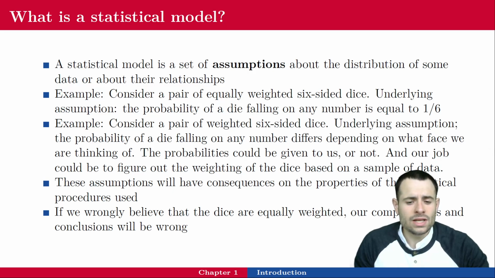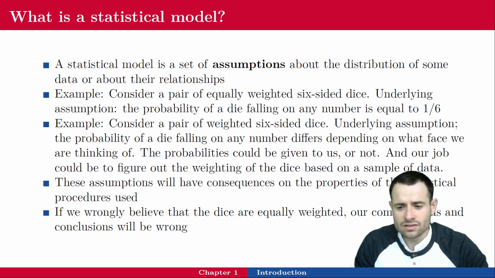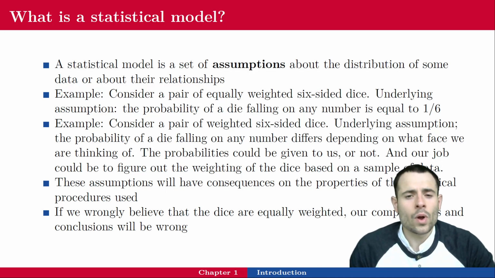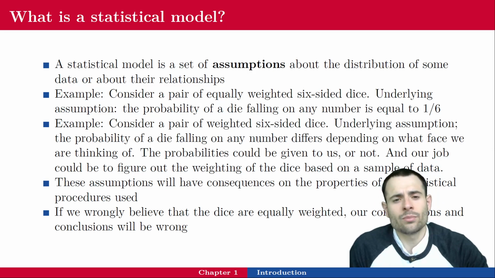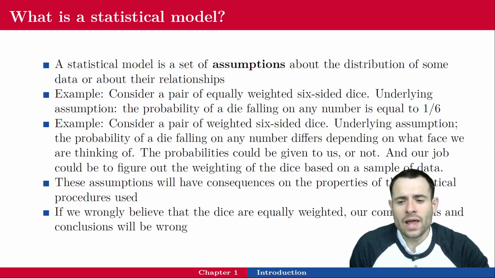Imagine that we wrongly believe that the dice are equally weighted. We think it's a regular pair of dice, but actually it's not. If we think it's a regular pair of dice, we are going to expect a probability of 1/6 for each number. And we are going to gamble at the casino, thinking about those probabilities.